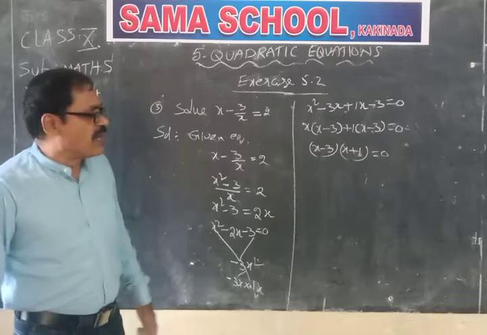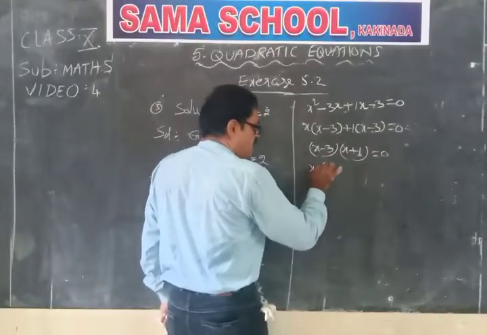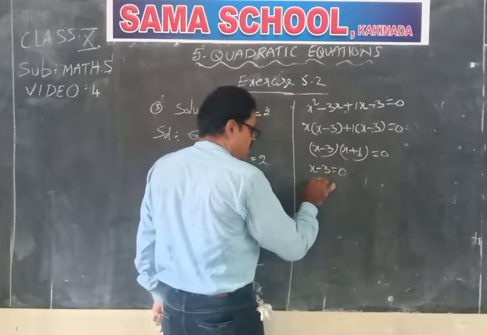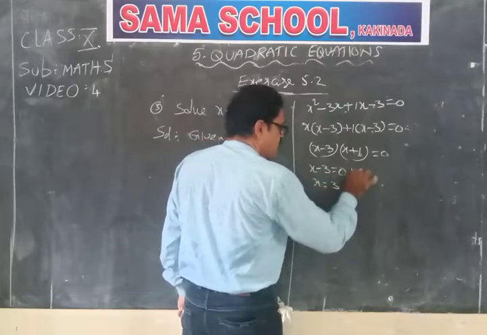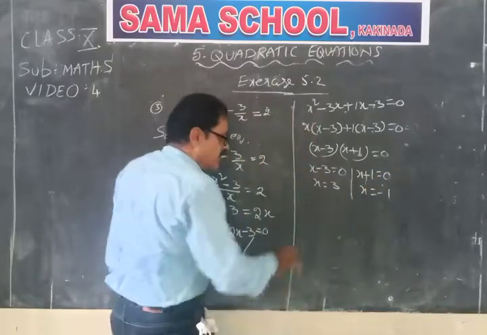Now equate each linear factor to 0. x minus 3 is equal to 0, x is equal to 3. x plus 1 is equal to 0, x is equal to minus 1.